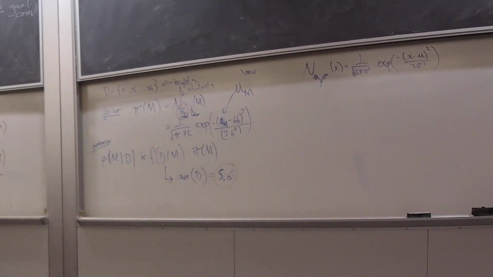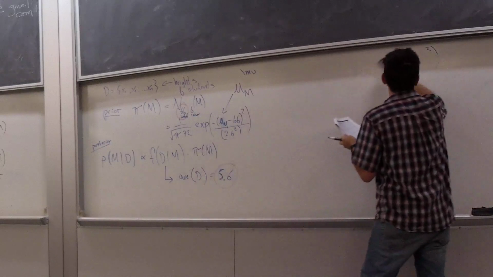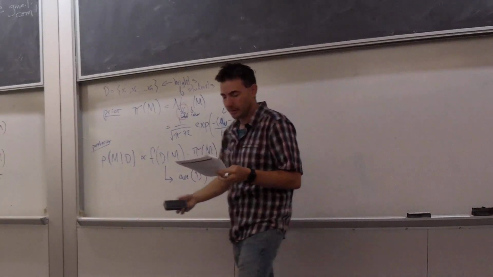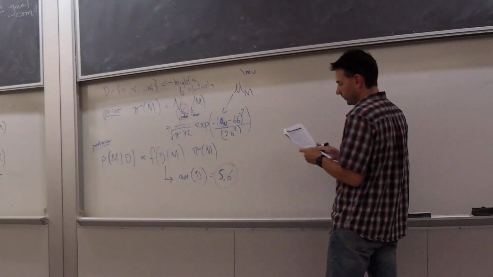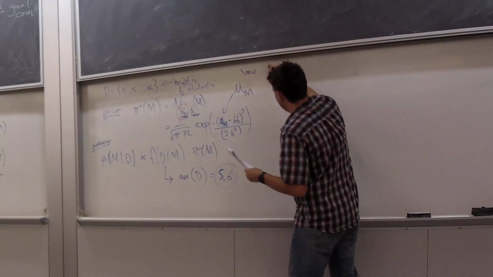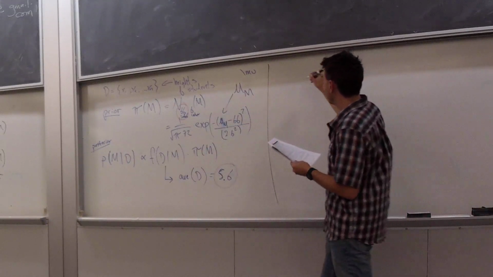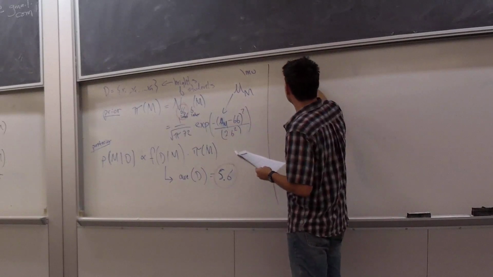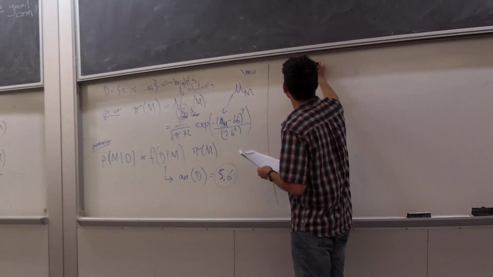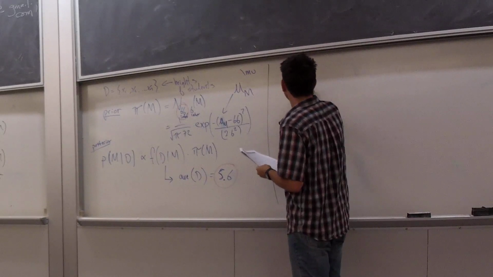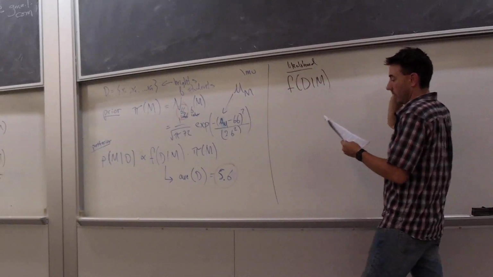Okay, all right, so let's continue this example. If you remember, let's write down what we had gotten for this likelihood function, f of d given m.